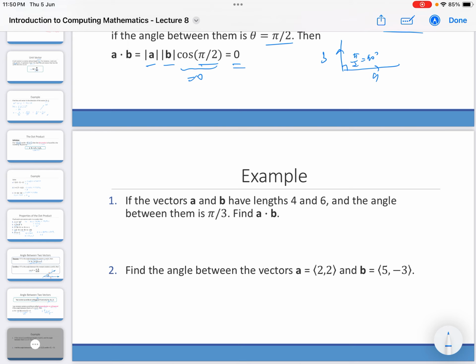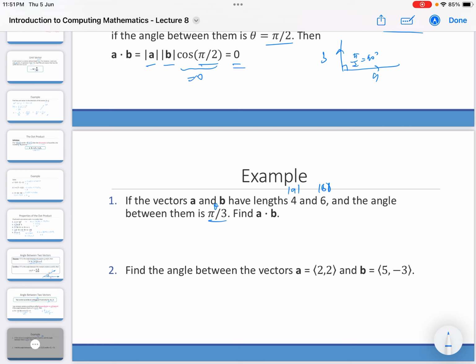Okay, let's look at an example. If the vectors A and B have length 4 and 6, so this one is the magnitude of A, this one is the magnitude of B, and the angle between them is pi over 3, so this one is theta.